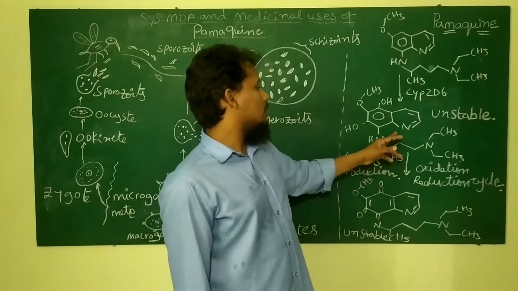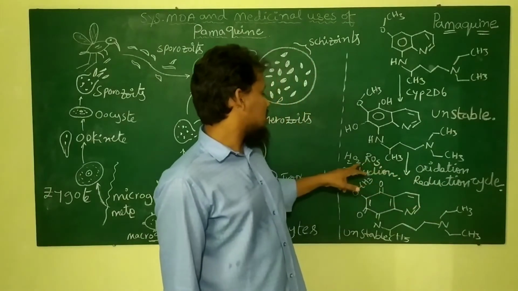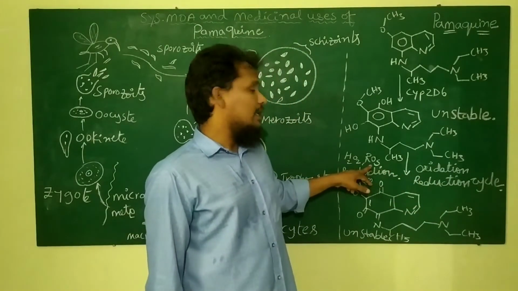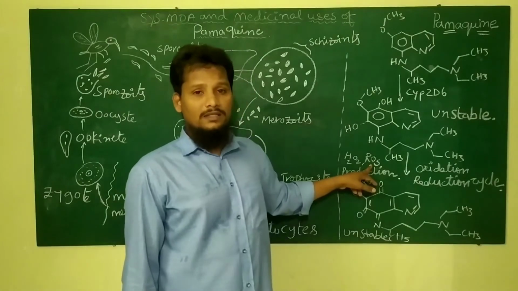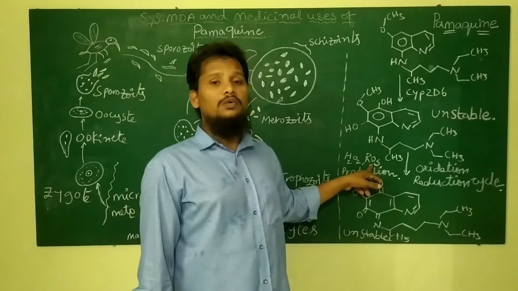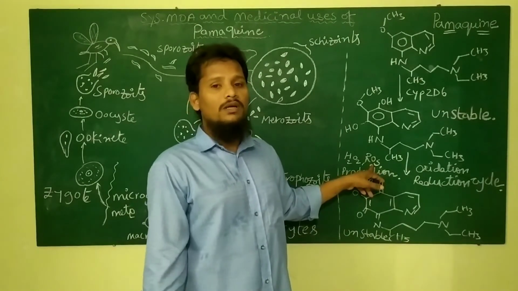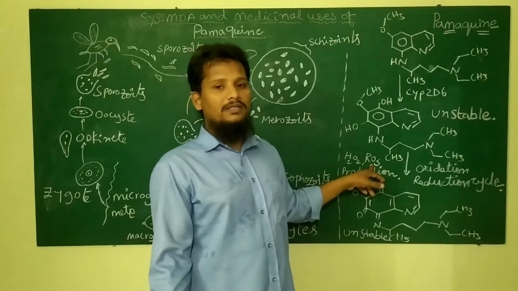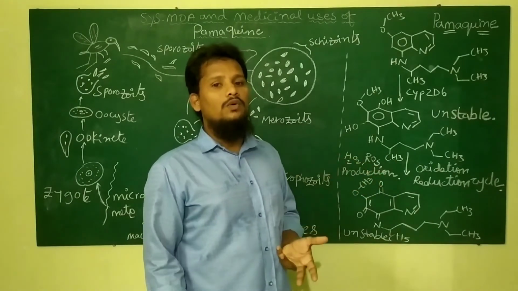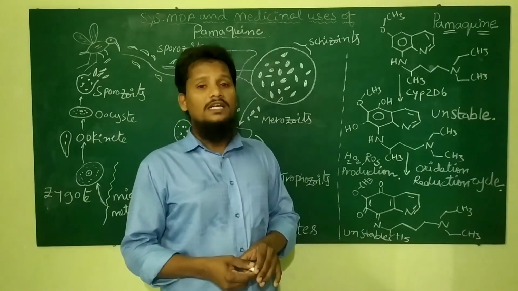Whenever the molecule undergoes an oxidation reduction cycle, it produces H2O2 and reactive oxygen free radicals. We all know that increased production of reactive oxygen free radicals damages the DNA, whether in a human, an animal or a parasite. If the reactive oxygen species or free radical concentration increases, it causes DNA damage.